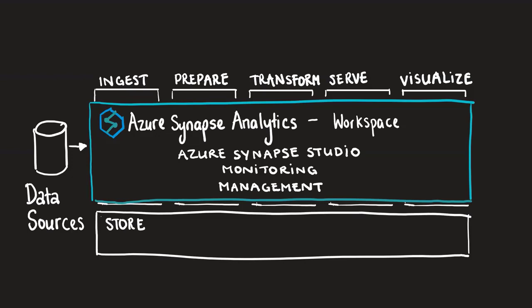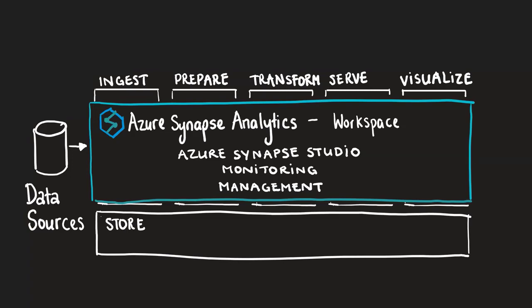We also get the monitoring through the workspace. So we have the monitoring for all of the pieces in one place as well. And lastly, we get the management. In some cases, also security is put in the same place. But from my perspective, it's not entirely true because we do have to handle it in a few different places.